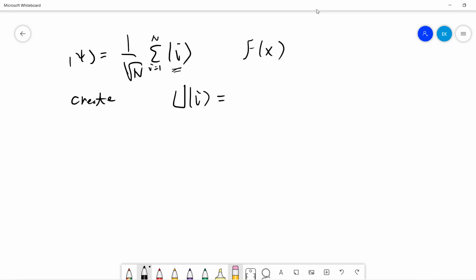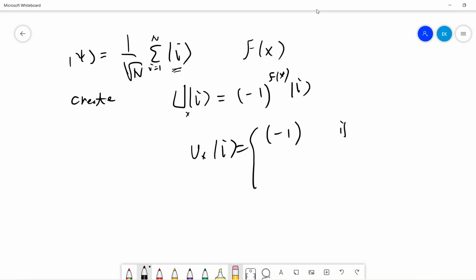So I use U_x, labeled by x, meaning U_x only works for x. So U_x acting on x gives minus x, and f of x gives x. Don't be afraid: this U_x just tells you that it will give you -1 if x is the correct one.